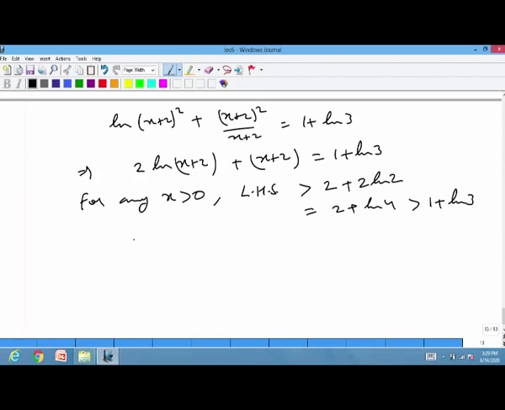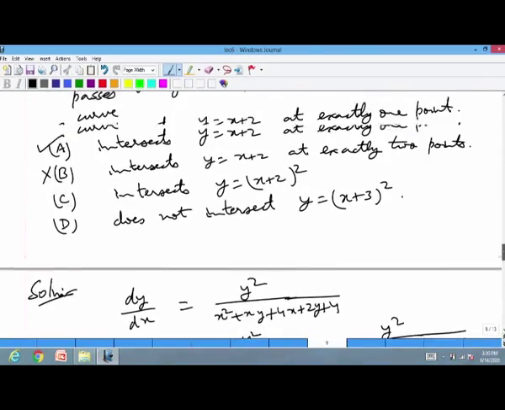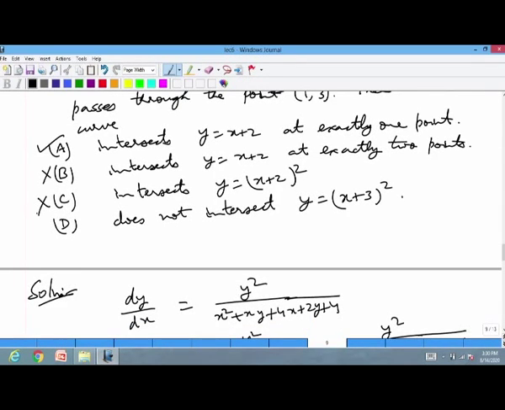So, therefore, LHS is not equal to RHS for every x greater than 0. So, the curve does not intersect y = (x+2)^2. So, option C is wrong.